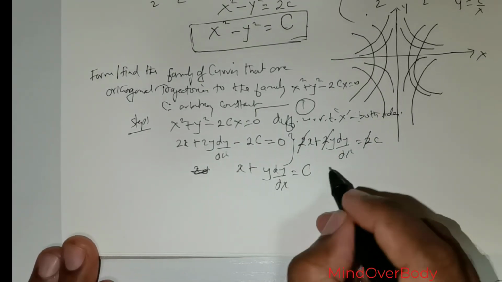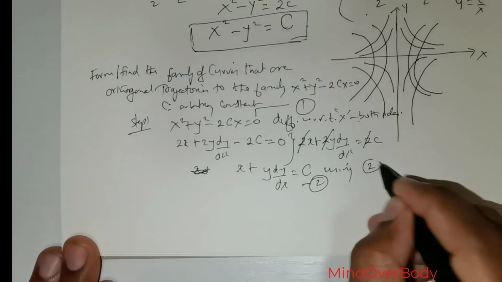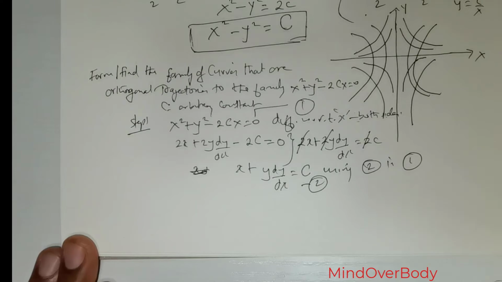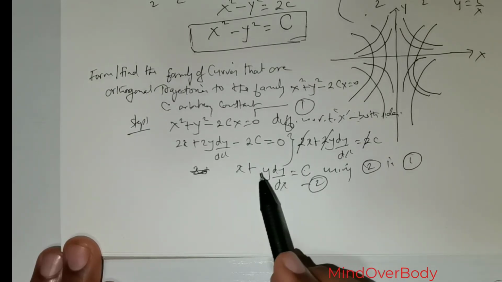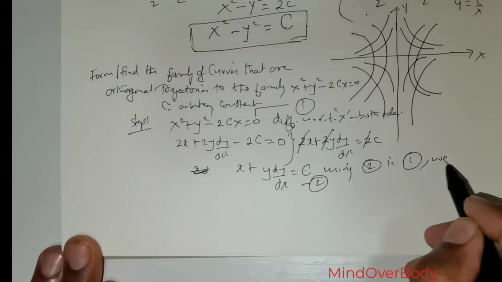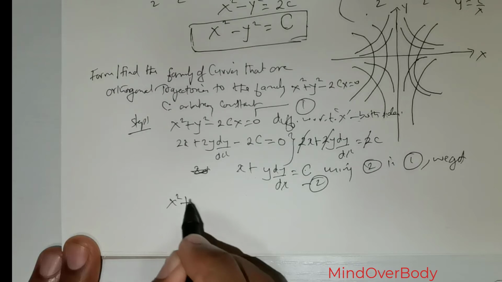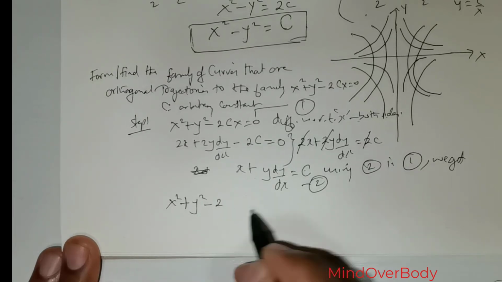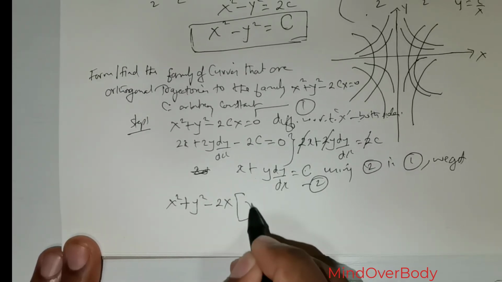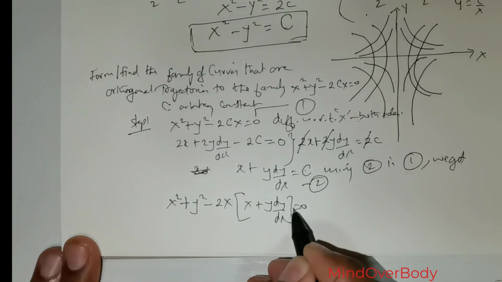Now I'm going to take this as 1. If I take this as 2, using 2 in 1, in place of c, I'm going to substitute this in this system. So what do we get? This is x squared plus y squared minus 2 times x plus y times dy over dx is equal to 0.